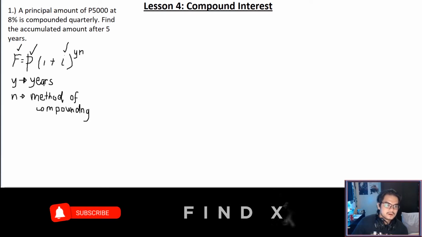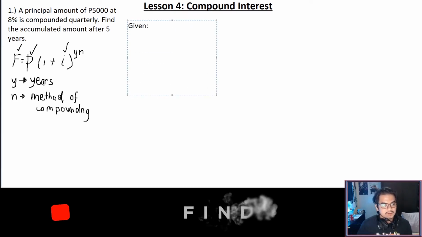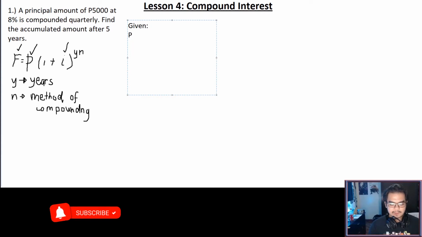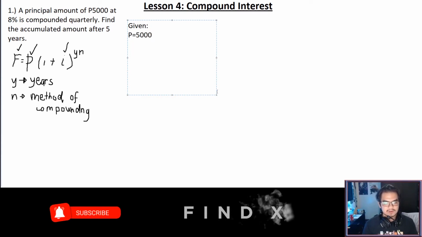Let's try to answer number one. Let's put down the given first. We have a principal amount of 5,000. Again, principal amount and present worth are the same, so P is equal to 5,000 pesos. Next, we have 8%.